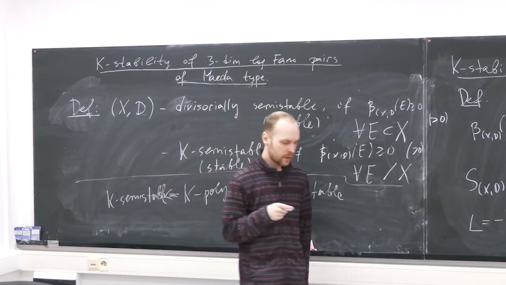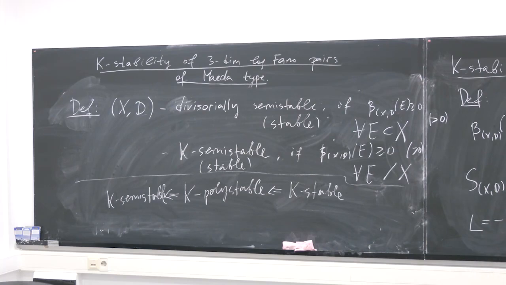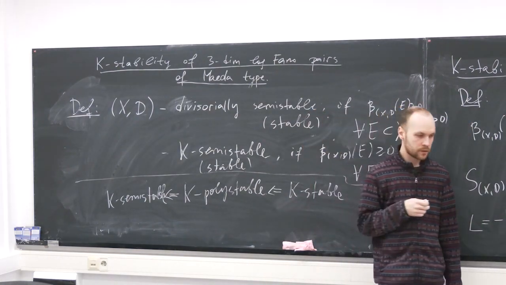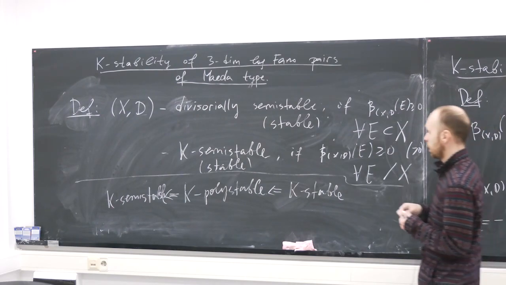And what is important is that for smooth Fano varieties, K-polystability is equivalent to the existence of a Kähler-Einstein metric, which is important from the point of view of differential geometry. Okay.